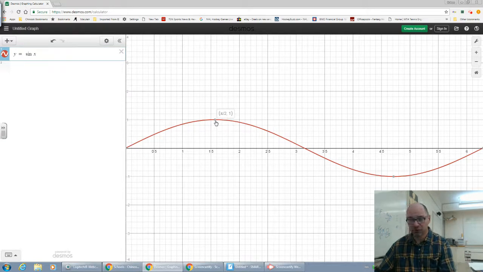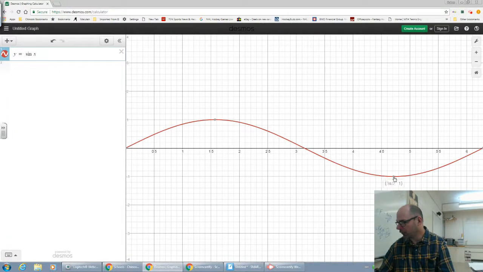If you're doing it in radians, you'll notice that the maximum is at pi over 2, which is 90 degrees here, and 1. The second x-intercept is going to end up being 3 pi over 2, but they don't put the pi in there in that one.